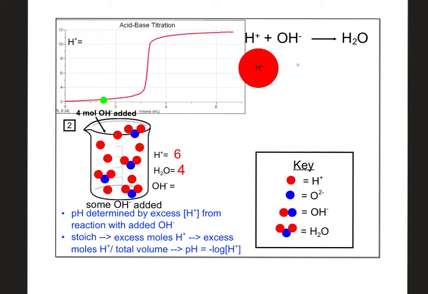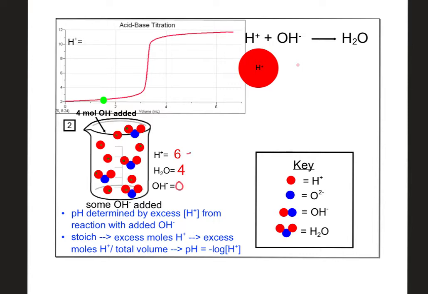And let's pretend that we're doing this titration and we have added 4 moles of hydroxide. So I had my 10 moles of H plus, and now I've added 4 of hydroxide. Well, we know that it's a 1-to-1 ratio. So if I add 4 hydroxide, that's going to make 4 water molecules. So that would leave me with 6 H plus left over, and we will have no hydroxide left over.